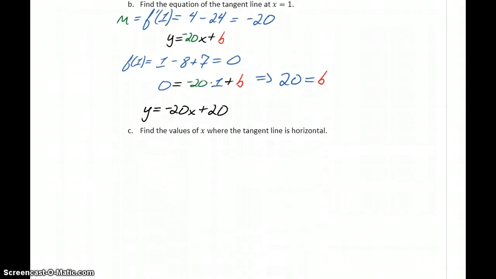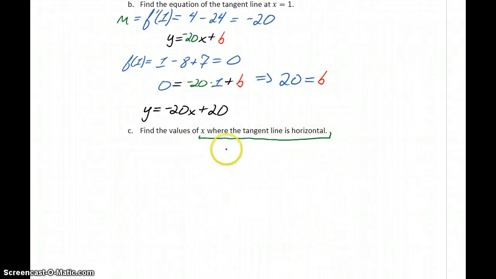So once we have the derivative, we can find the rate of change, or the slope, of our function at any given x value, in this case x equals 1. Once we have the slope, we can come up with an equation for that tangent line. We can also look at, in part C, finding values of x where our tangent line is horizontal.